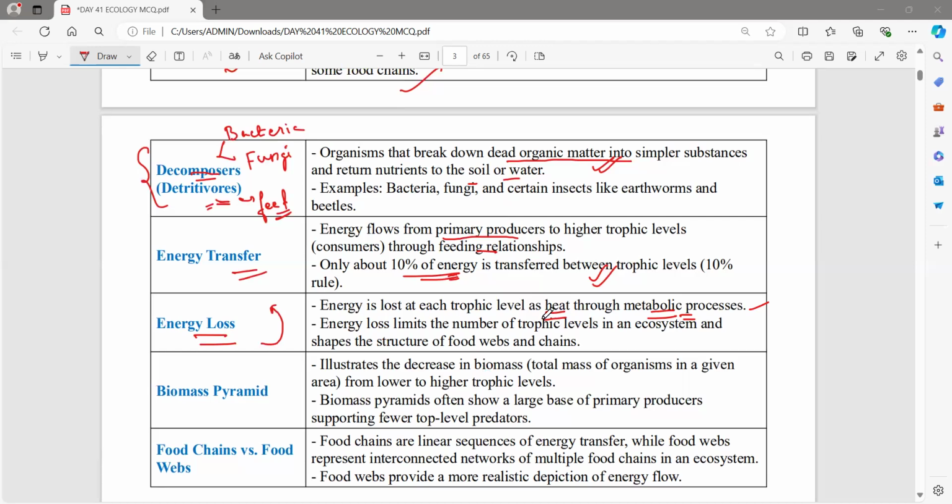Heat is getting released through all the metabolic processes.